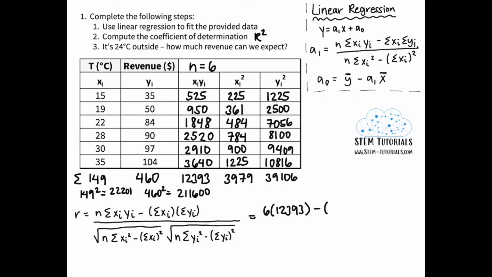We subtract our sum of xi, which is 149, times sum of yi, which is 460, and we divide it by these square rooted values. So 6 times sum of xi squared, so we're referring to this value here, 3,979, minus summing the xi first and then squaring it, so 22,201, and then the same for our y values.